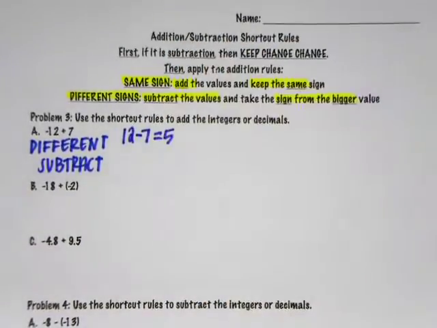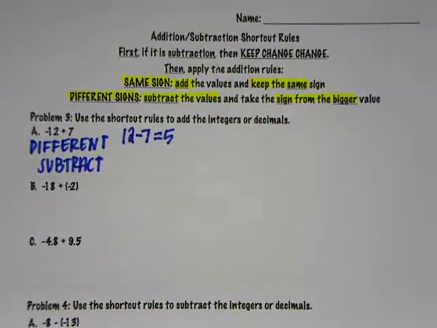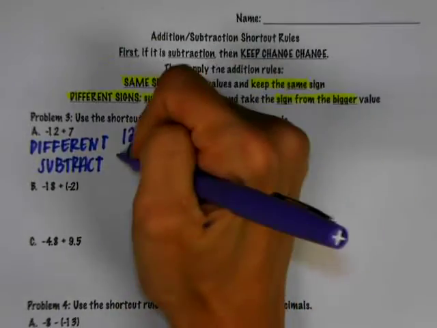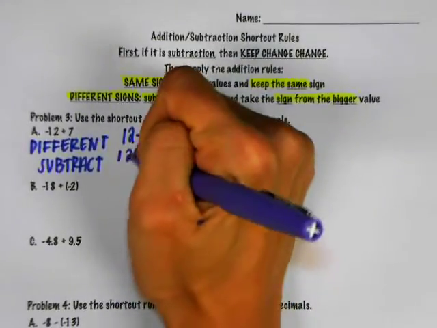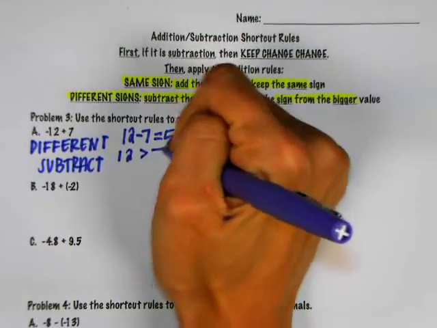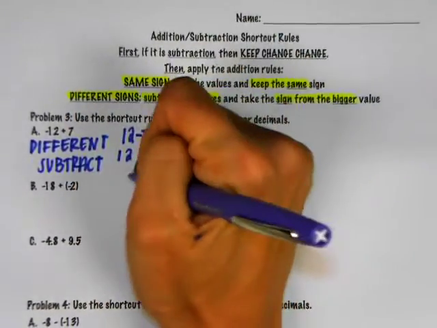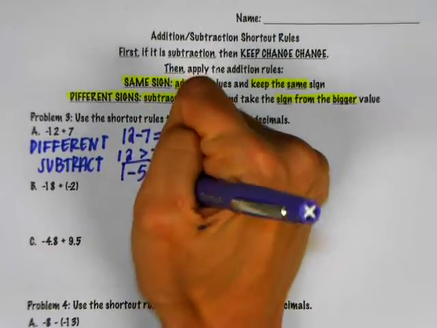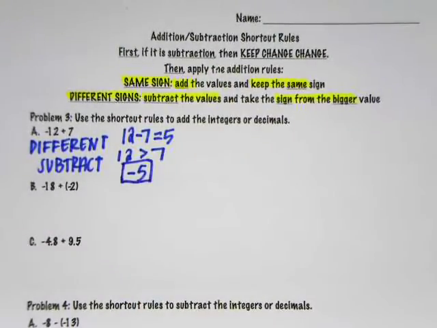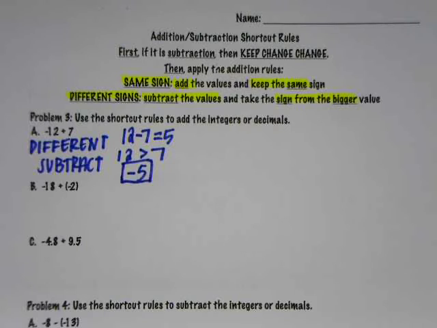Equals 5. And then you have to take the sign of the bigger number. So since 12 is bigger than 7 as its own value, that means our answer is going to be negative, so you get -5 as your answer. So that's very, very math, okay?